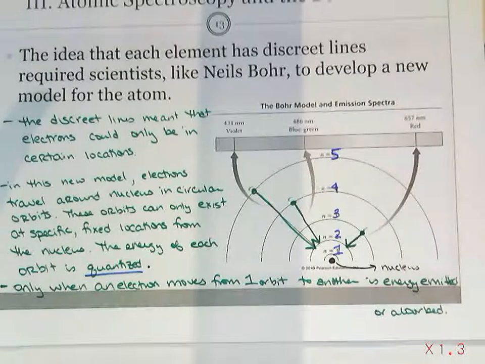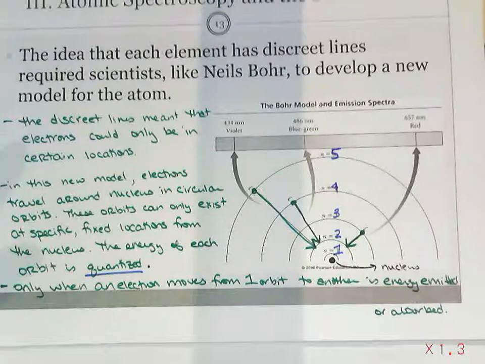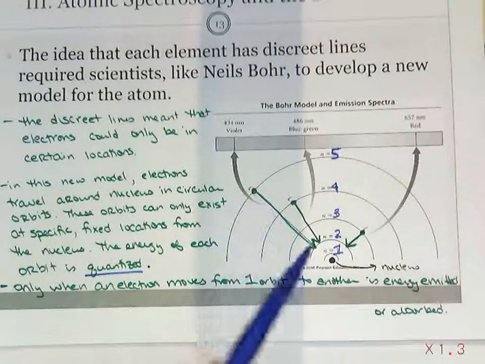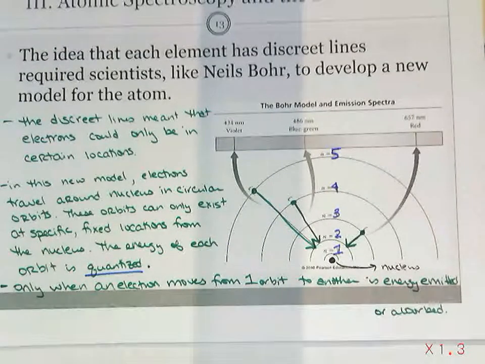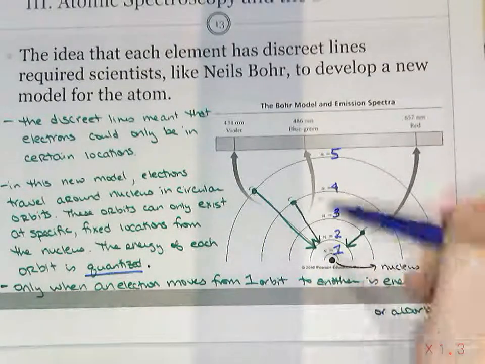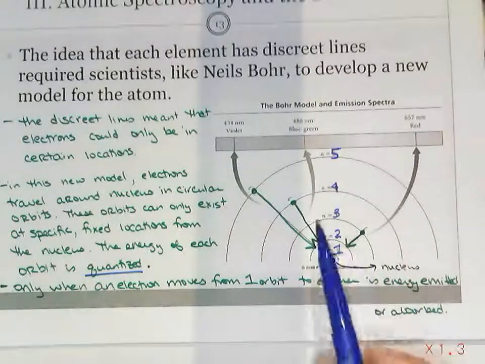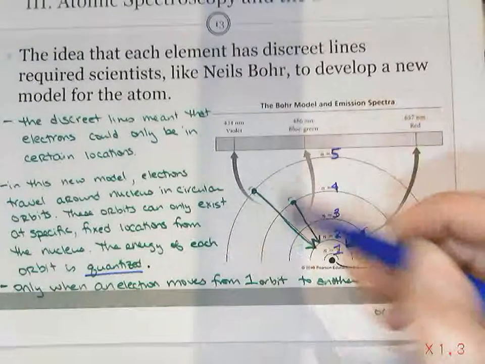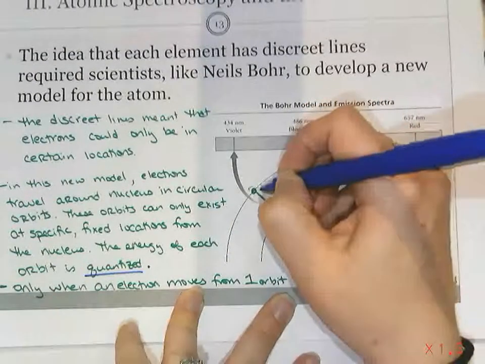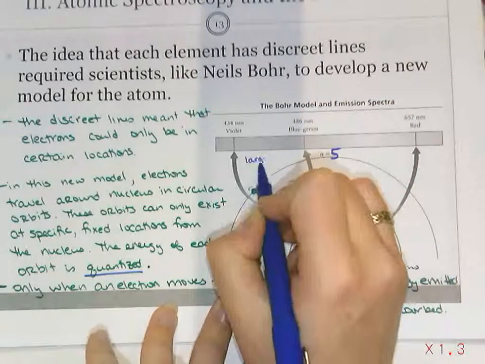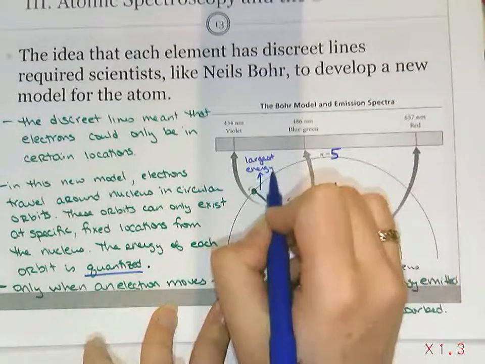Which is the biggest energy gap? The first one, the second one, or the third one? The first one, I'm going from energy level 5 to energy level 1, jumping 4 energy levels, the farthest distance. Oh, sorry, it's only going to 2. You're right. Change those all: 5 to 2, 3 to 2, 4 to 2. In my picture, it looks different. Okay, so this is still this one right here, the largest energy jump.